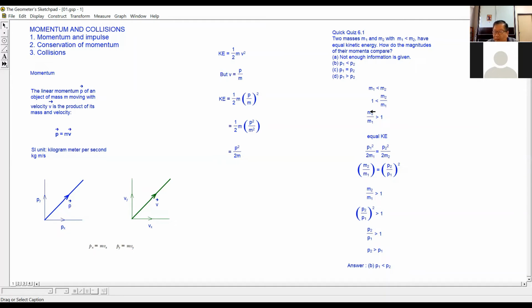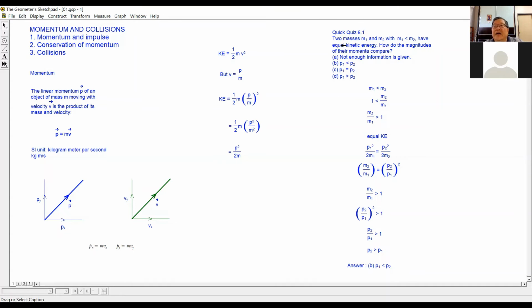In order for both of them to have the same kinetic energy, the first object must be moving faster, a bit faster, so that it can match the heavier object here. The heavier object is moving slower, a bit slower only, so that both of them, although they possess different mass and different velocity, yet their kinetic energy is the same.